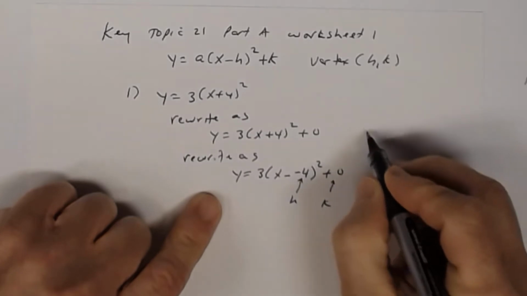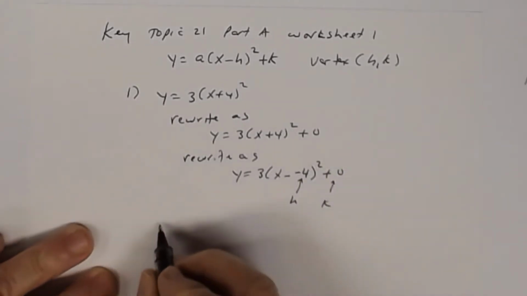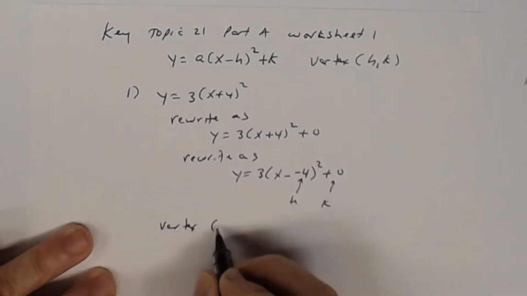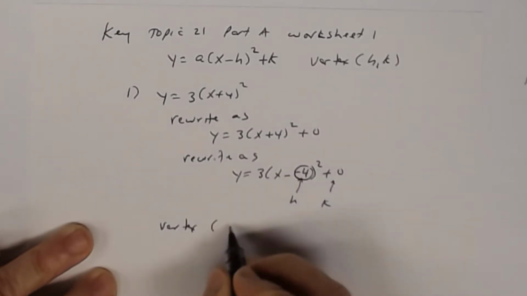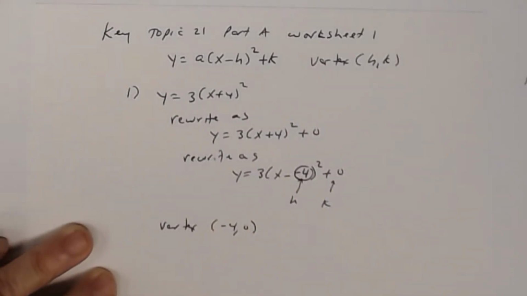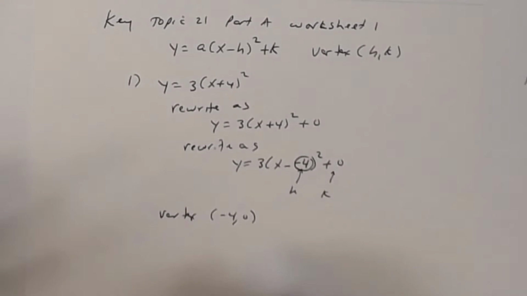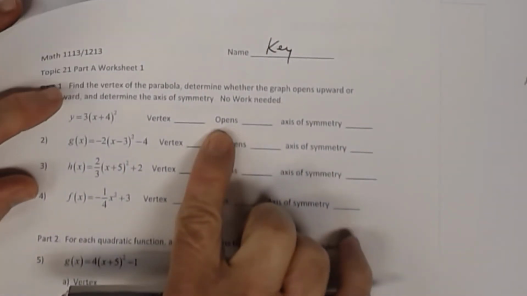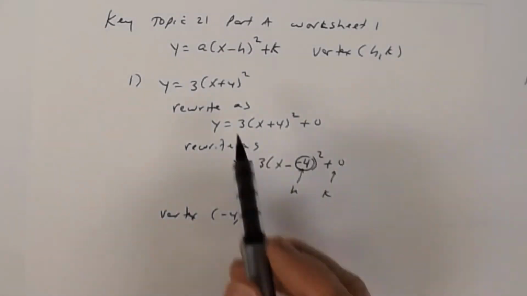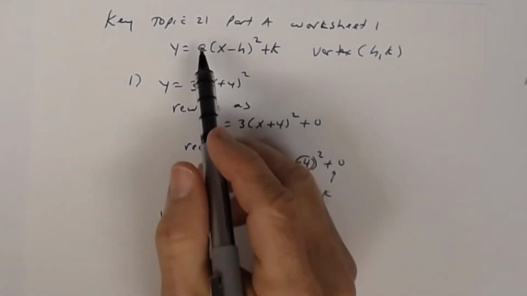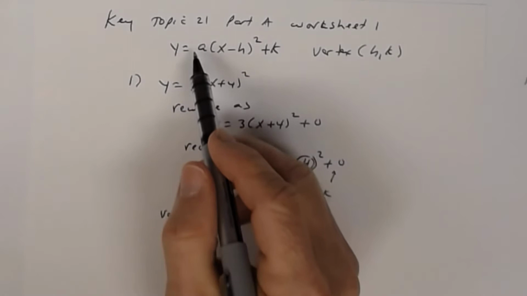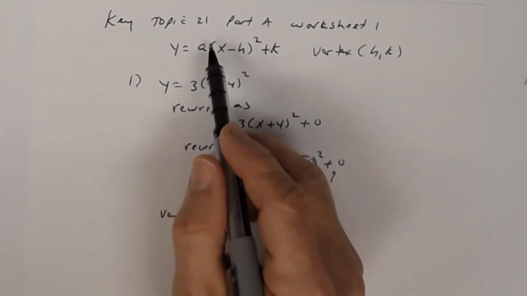All right, so your vertex is negative 4, 0. Now, the other thing they want to know about this one is, does it open up or does it open down? Well, remember, in your vertex form, and even in the general form, a determines whether it opens up or down.